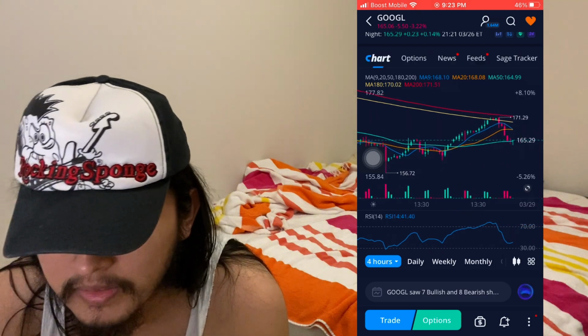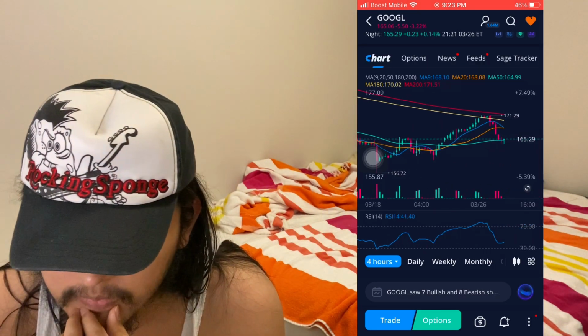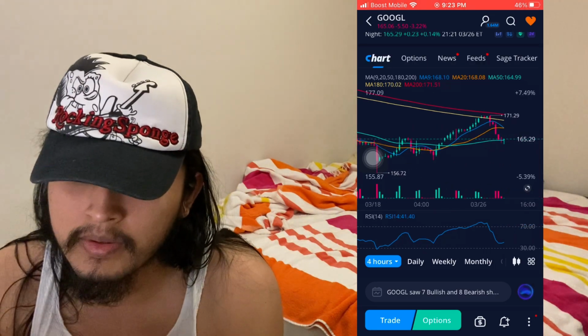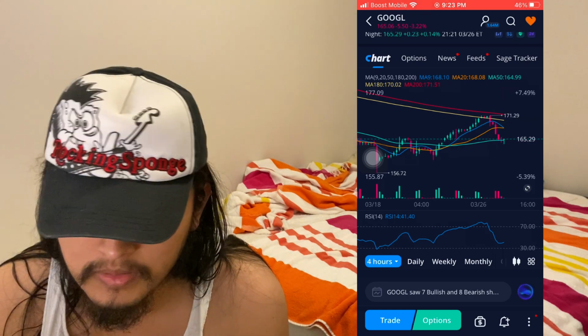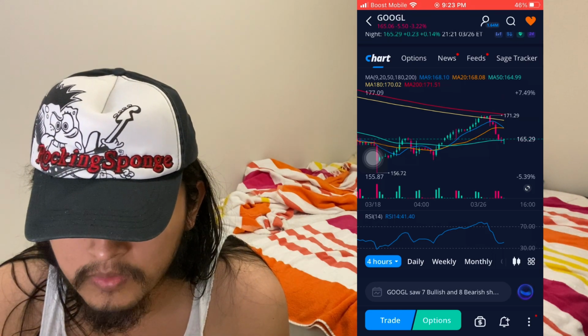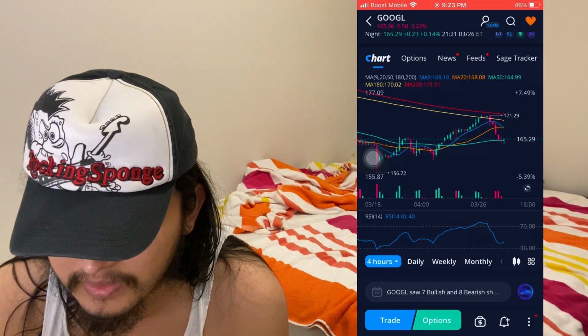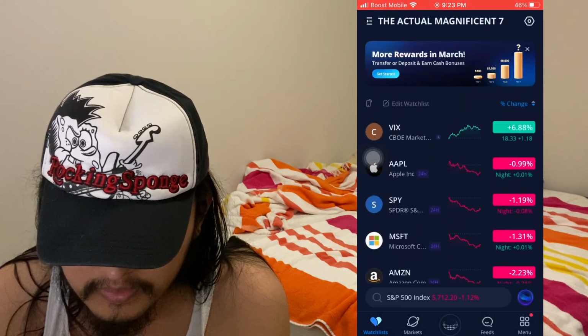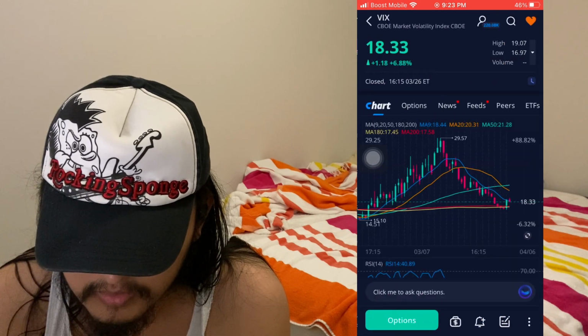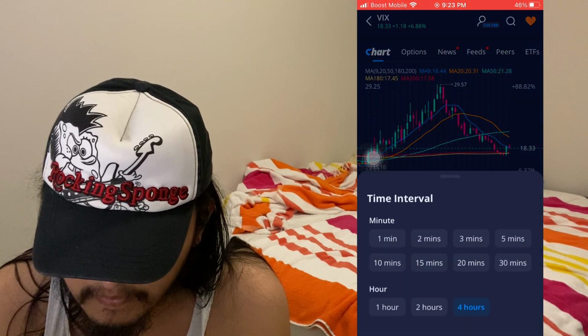So basically, I guess you could say the 4-hour time chart is probably the best time chart to see what trend a specific stock is in, whether it's an uptrend or downtrend. The VIX actually did pretty good today.